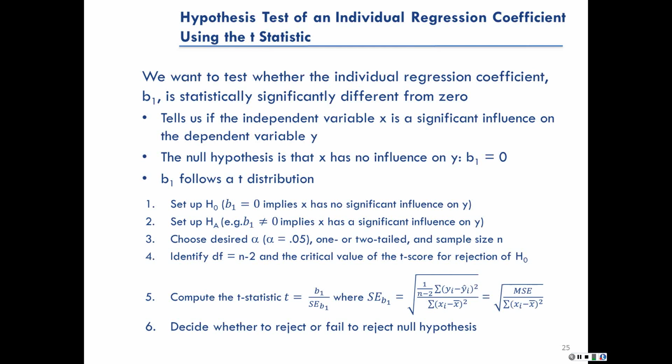And then in the denominator, that's simply the sum of squares of your x variable, your independent variable. You take the square root of that, and you have the standard error for beta 1. Once you have that, then you calculate the t-statistic. Depending on what it is, you decide whether to reject or fail to reject the null hypothesis.